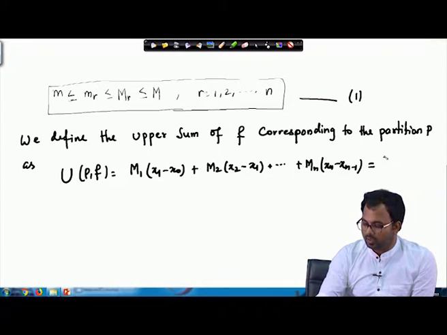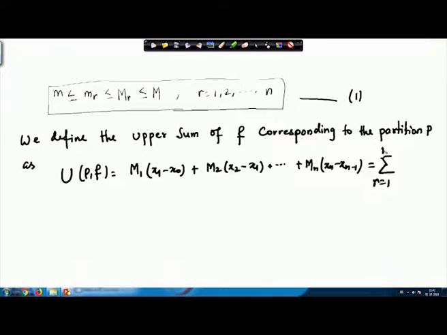So you can write it as the summation, r running from 1 to n, of capital Mr times (xr minus x(r-1)). So this is our upper sum.